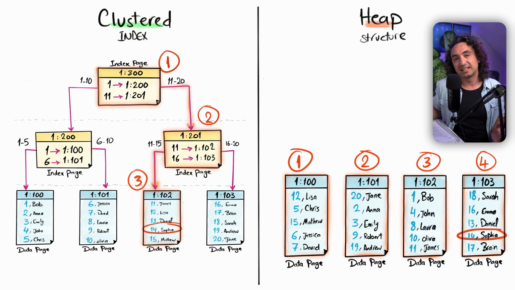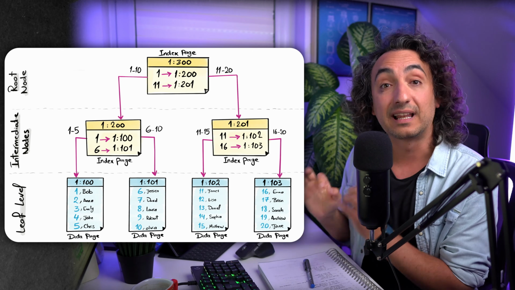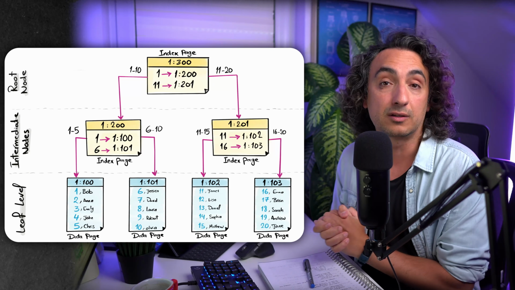Well, reading an index page is very fast compared to a data page, because reading a data page is always slower than reading an index page. So as you can see, this B-tree structure, the clustered index structure, did help SQL and the database to locate the right data in the right data page without unnecessary read operations on different pages. And this is exactly how the clustered index works in the SQL database.